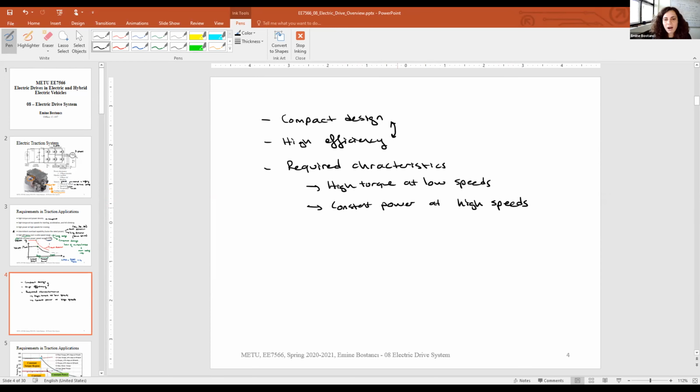If you want to have a high constant power at high speeds, then usually you won't have a high torque. So these are also not easy to get at the same time if you have to make a compact design. So being a mobile application, we want to have them all at once. So we have to nicely optimize the electric machine.